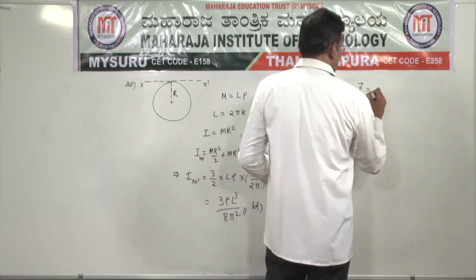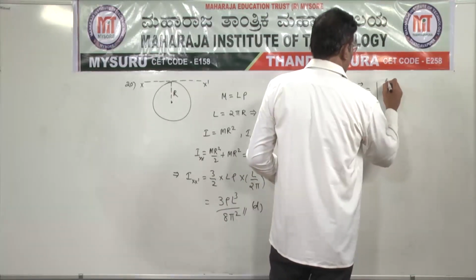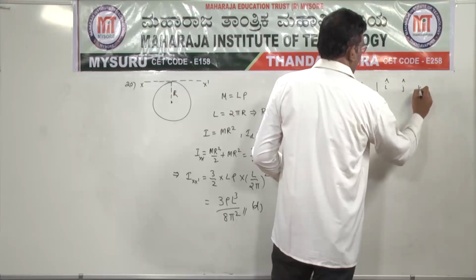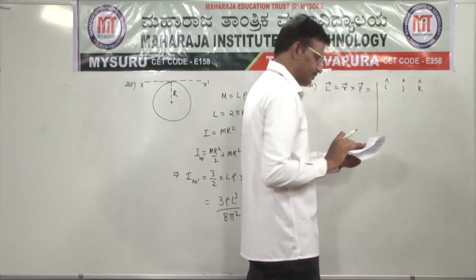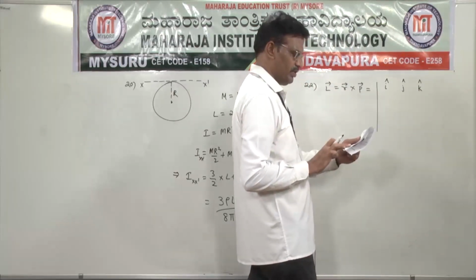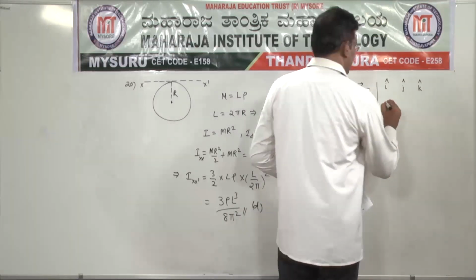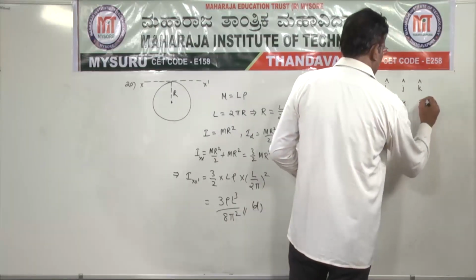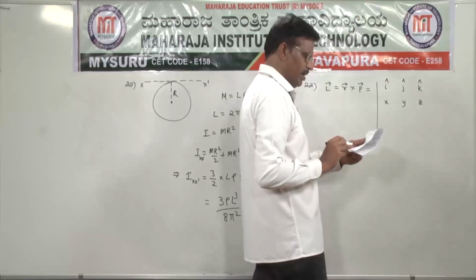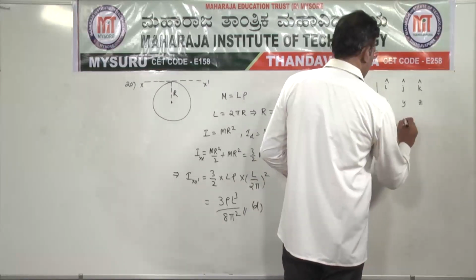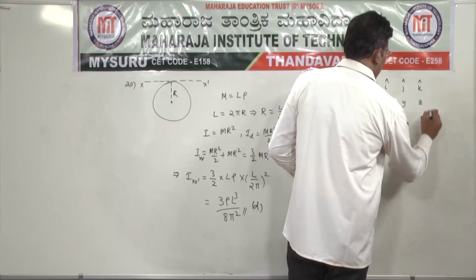The cross product by the vector matrix method: i, j, k in the first row, the position vector r bar with components x, y, z, and p bar with components px, py, pz.